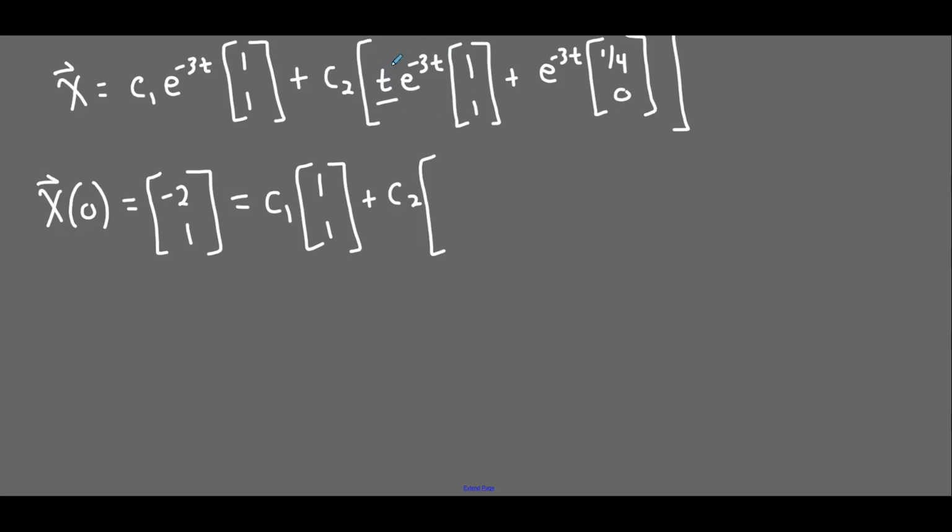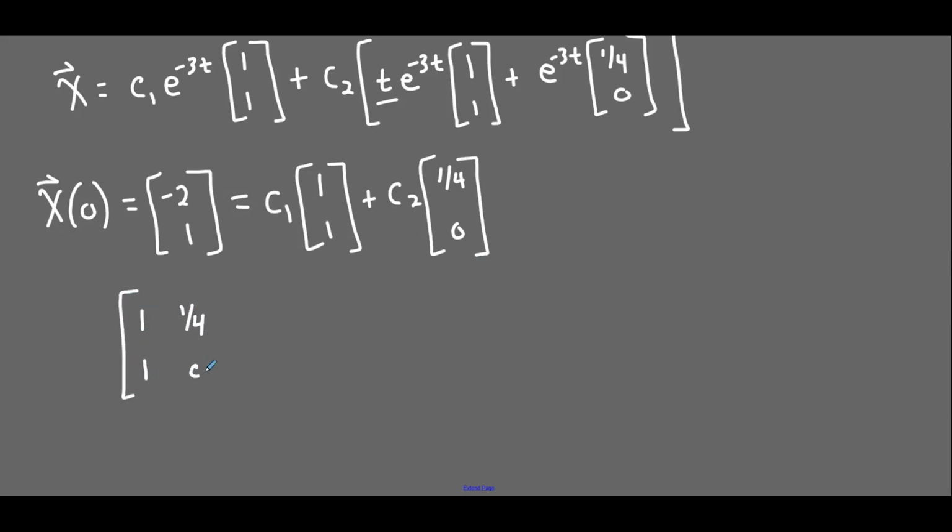So that's going to be 0 times this thing. So we can drop that one. And then for the second half here, we've got e to the negative 3 times 0. So that's e to the 0. It's going to be 1. So I get 1/4, 0.